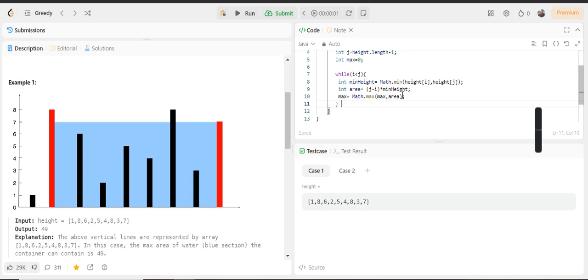Now we have to increase or decrease the i or j pointer depending on which one is smaller. If height[i] is less than height[j], then i plus plus.